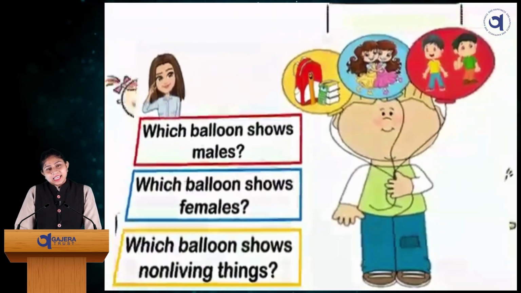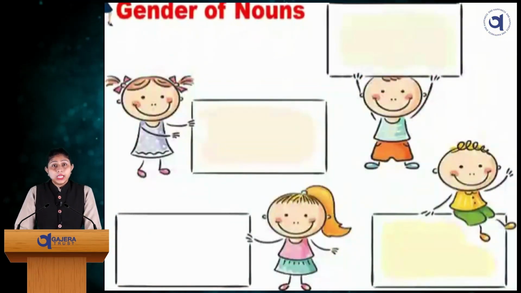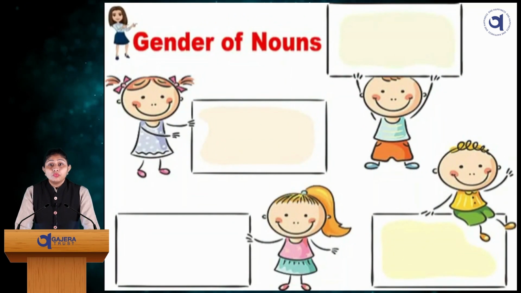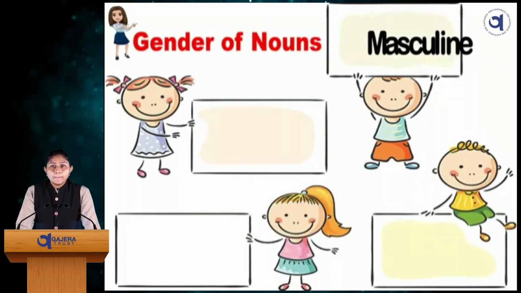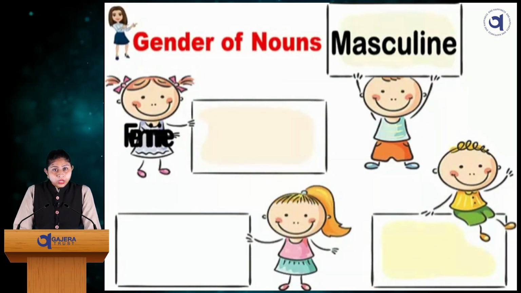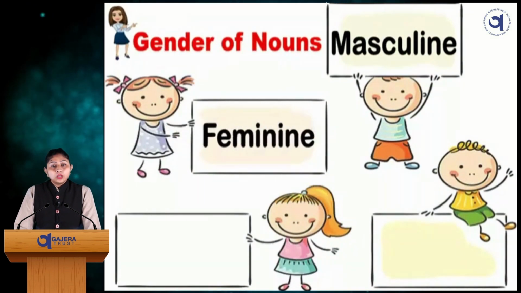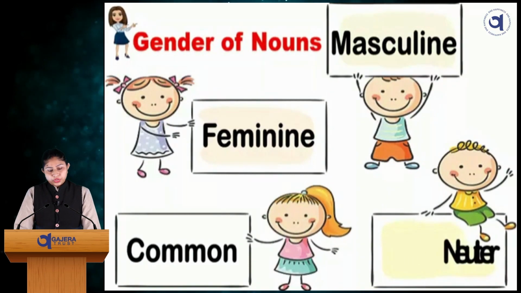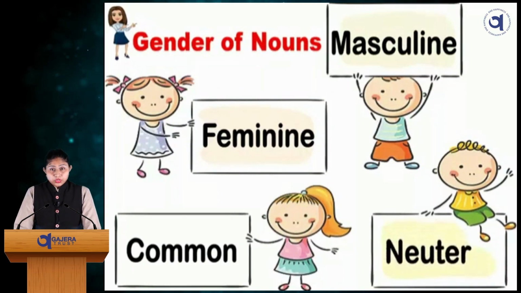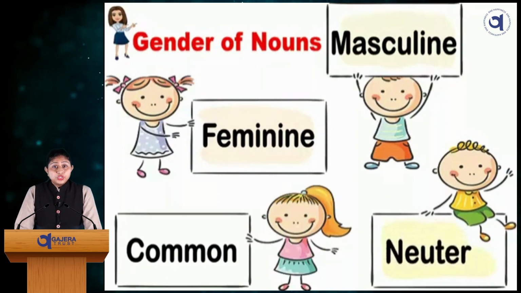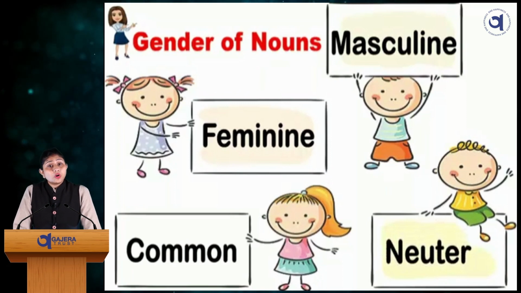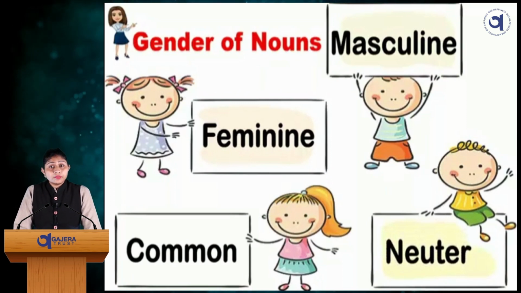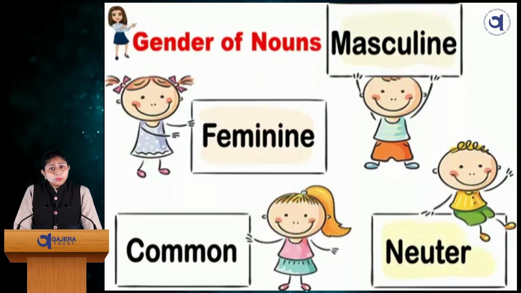So let's take a brief view. In the genders of noun, we learn about masculine, feminine, common and neuter gender. We have already learned about masculine and feminine. So now, what are common and neuter?